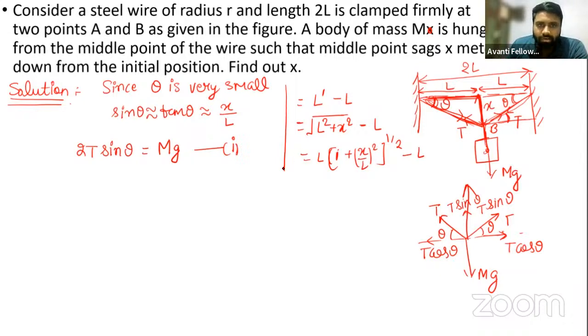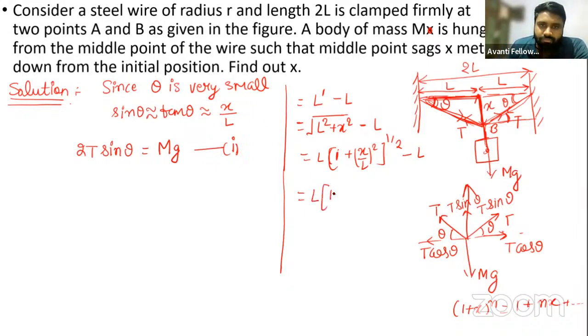Now we are going to apply the binomial expansion. We know that (1 plus x) raised to the power n equals 1 plus nx plus n into (n minus 1) x square by 2. We will keep only the 1 plus nx term because higher order terms are very small, so they are insignificant for us.